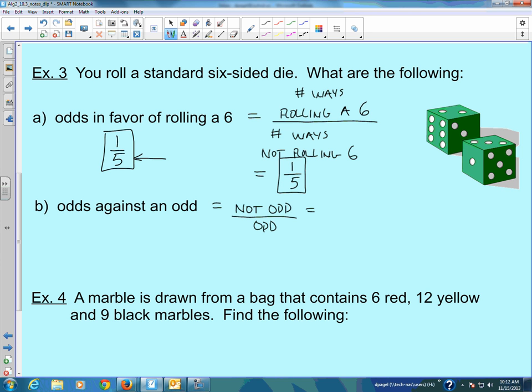So how many of the numbers on a 6-sided die are not odd? Well, you have 2, 4, 6 that are not odd. And then how many of them are odd? There's 1, 3, and 5. So here we have 1 to 1 odds against getting an odd on the die. And we can just simplify that.